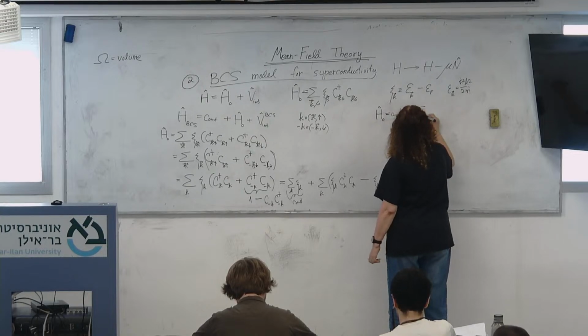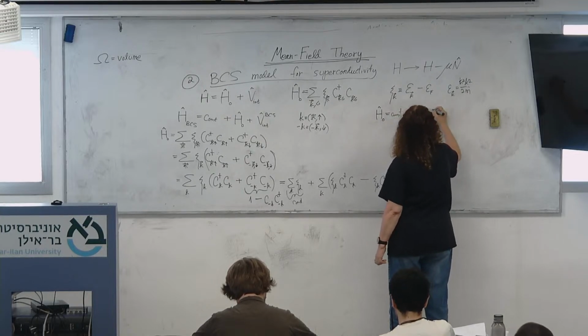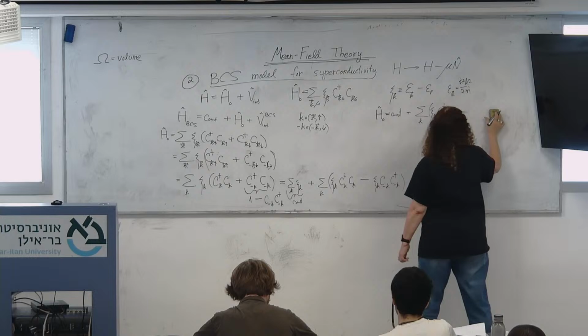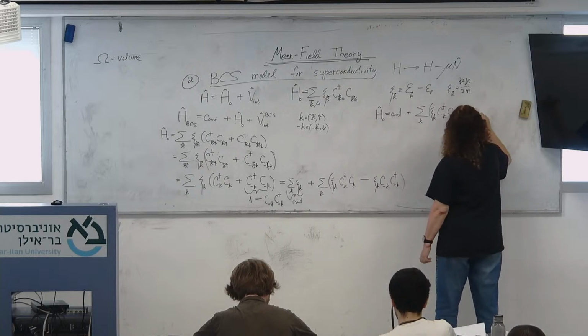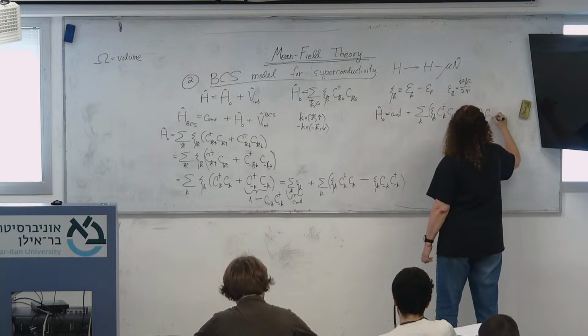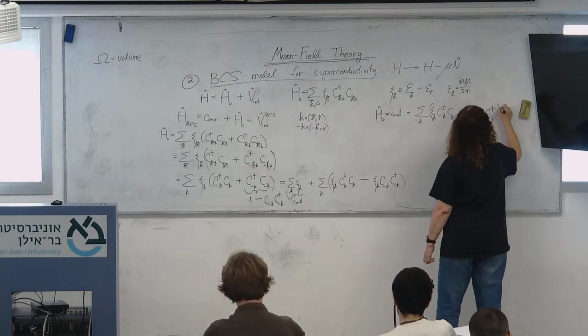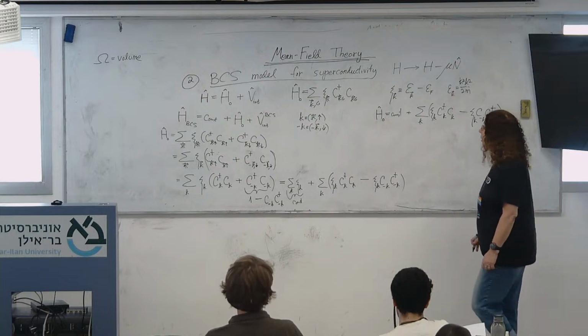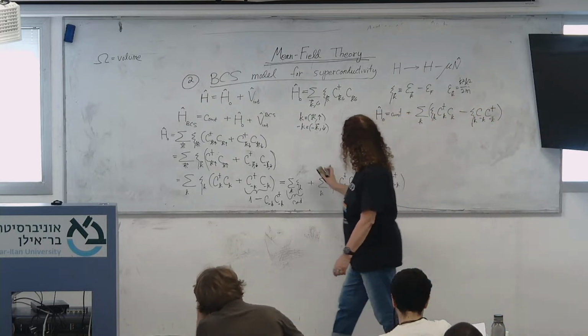I have sum over k of psi k c dagger k c k minus the same psi k c minus k c minus k dagger. Okay? All right. Now let's work on the interaction.